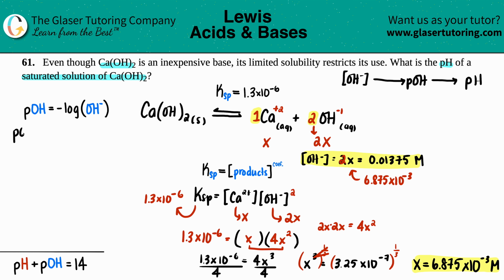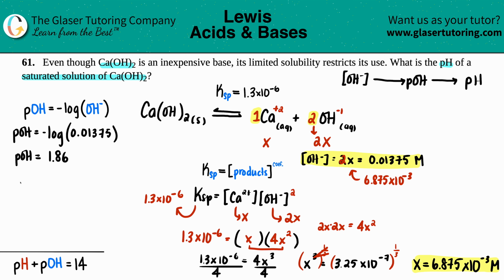So technically, if I wanted to find out my pOH, I would just do the negative log of the OH minus concentration, which is 0.01375. It's the number that we just found out. So let's see what we get. pOH equals negative log of that number, 1.862, I guess we'll say 1.86.